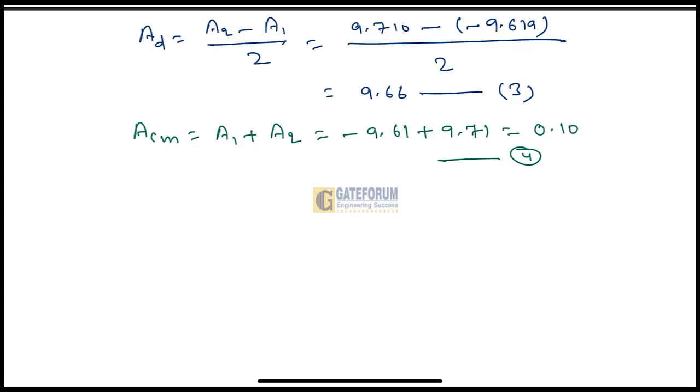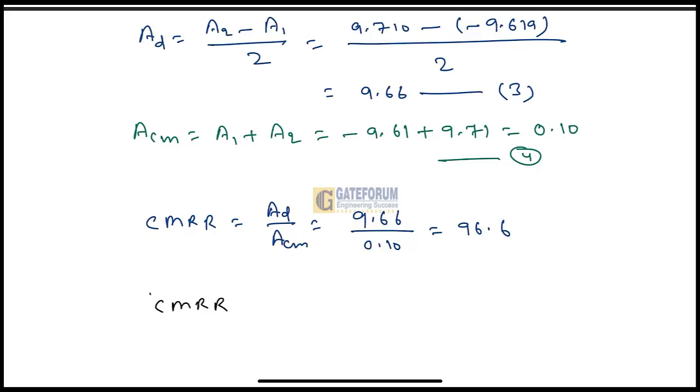Now we can use equation number 3 and 4 in the previous one. As per the definition of CMRR we had seen, CMRR is equal to AD by ACM. So this AD value we got, 9.66, from equation number 3, and ACM is 0.10. So this value becomes 96.6.